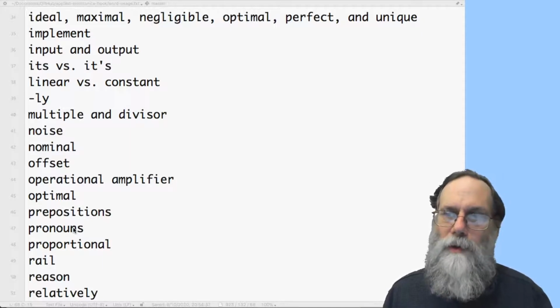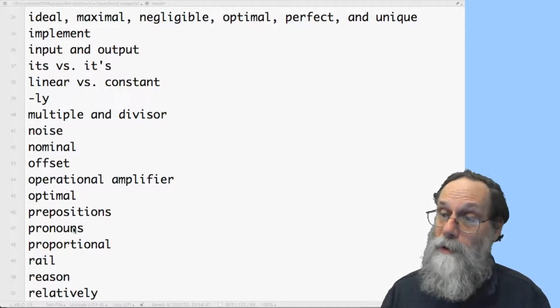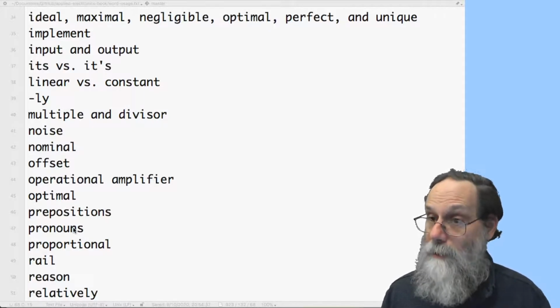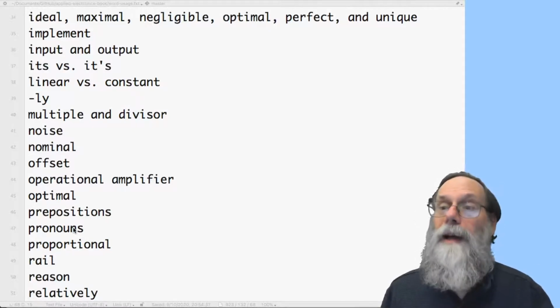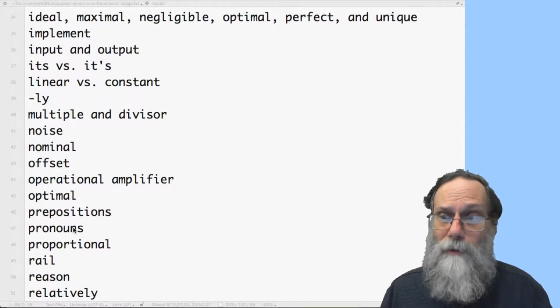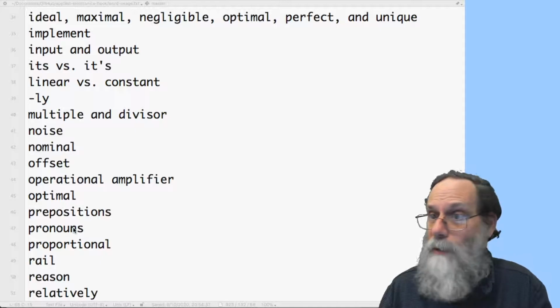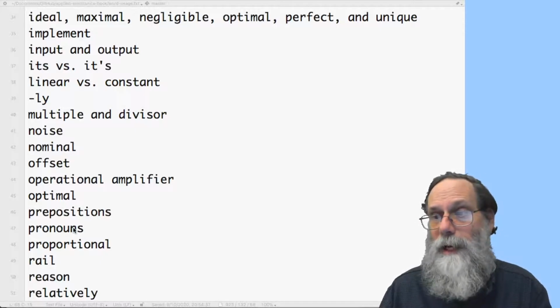A lot of times you can avoid using pronouns by using a demonstrative adjective and a noun, talking about this resistor, that resistor. And if you can't figure out what is the appropriate noun to use there, then your reader hasn't got a snowball's chance in hell of figuring it out.